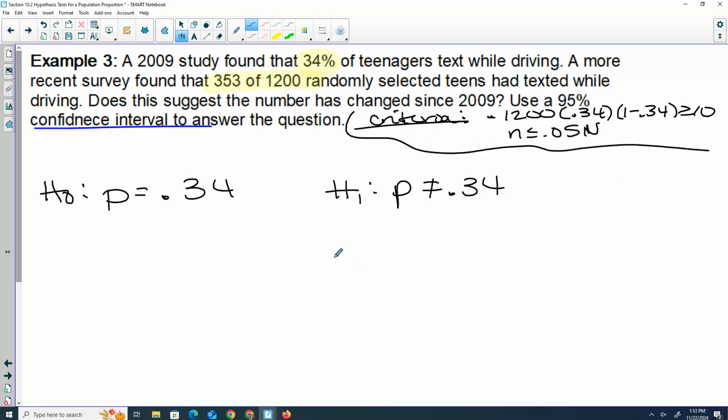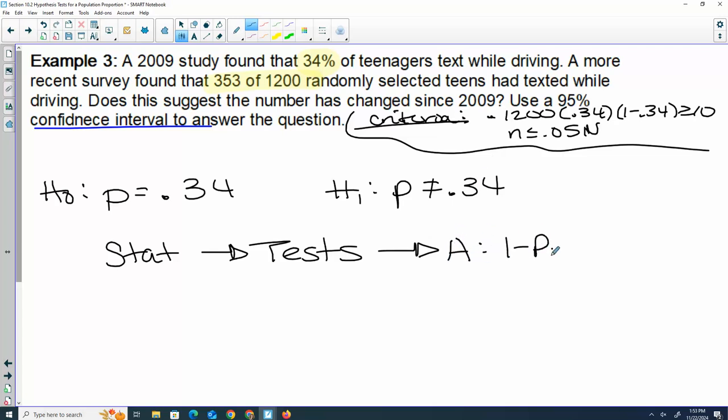If I want a confidence interval, we go to stat, tests. When we are dealing with proportions, do you remember which one we went to? The one proportion, so we're either doing a one proportion z test or interval in this case.